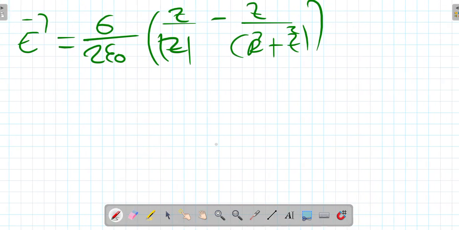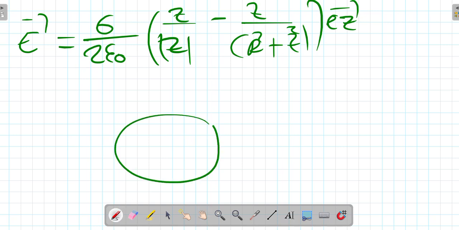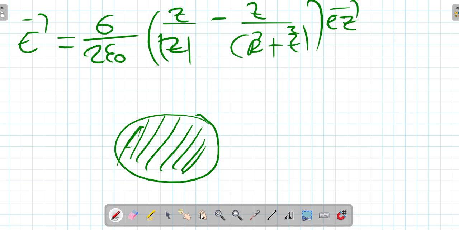Then in the direction of ez, or whatever unit vector, because E is in the direction of ez, everything in the direction of ez. So that's how we calculate the electrostatic field created by a disk using the method of direct calculations.